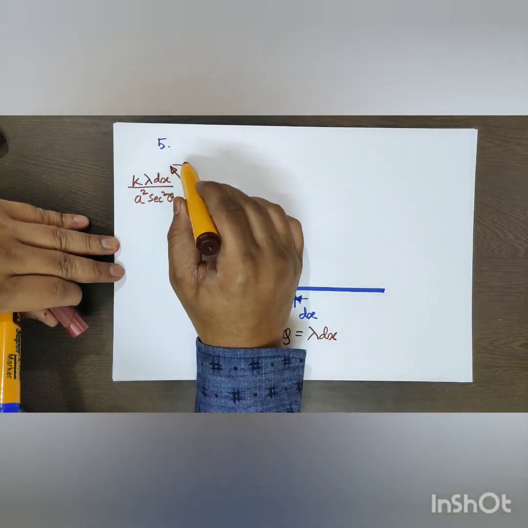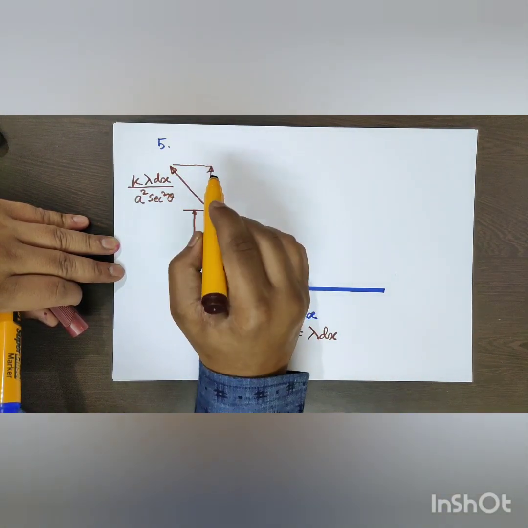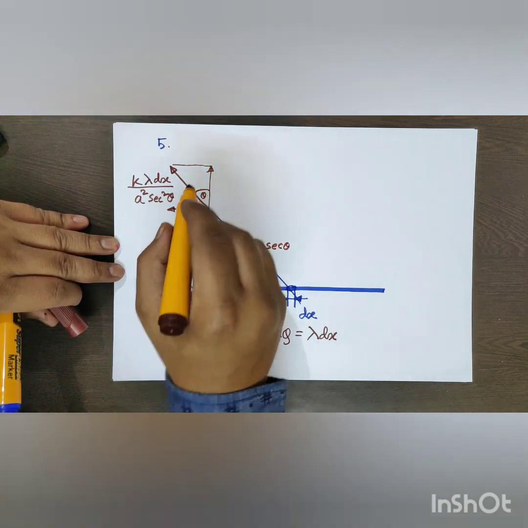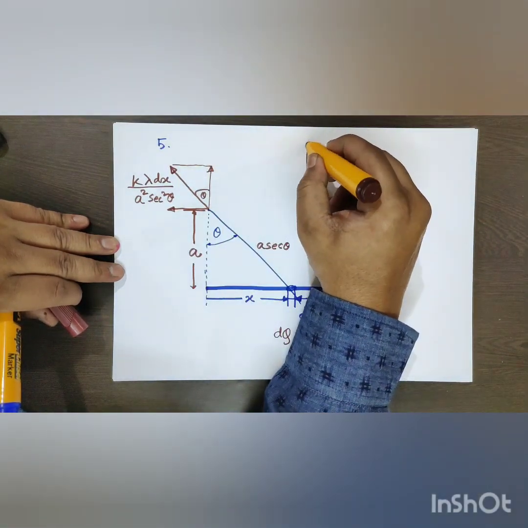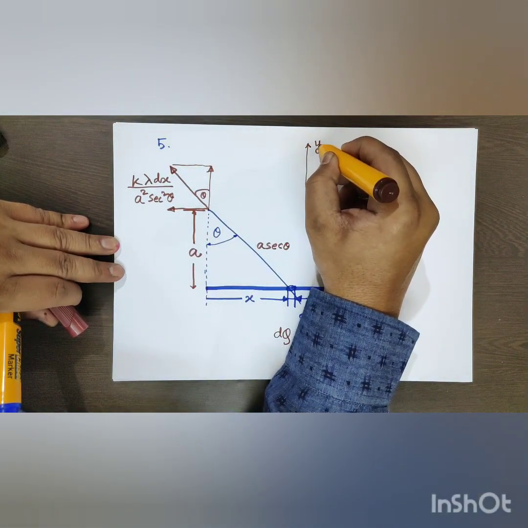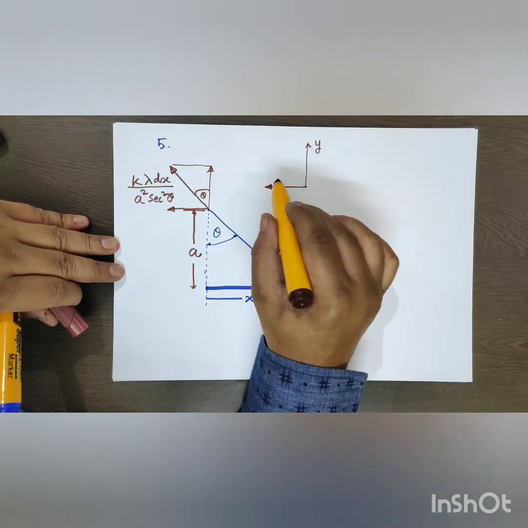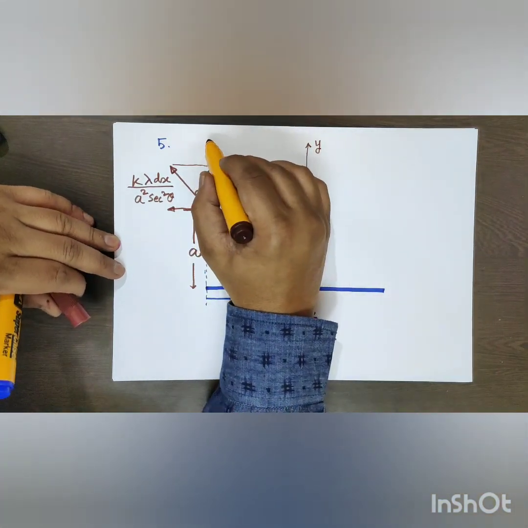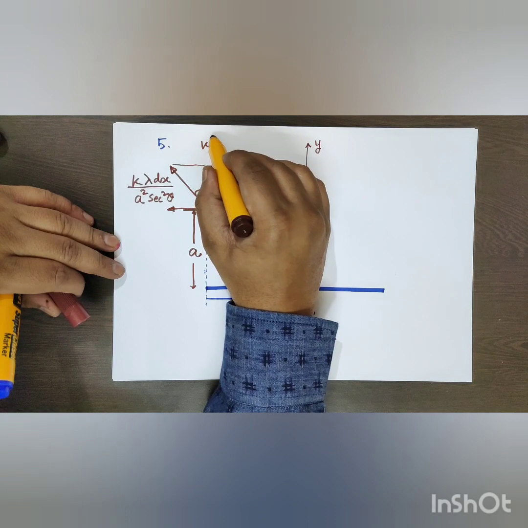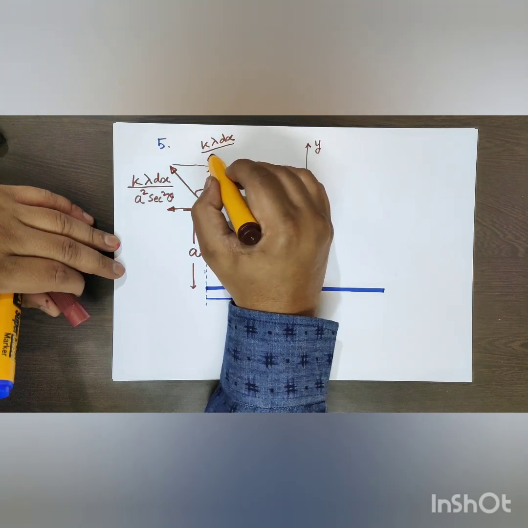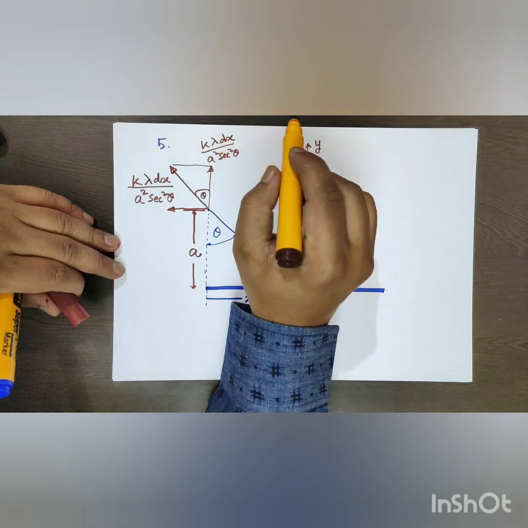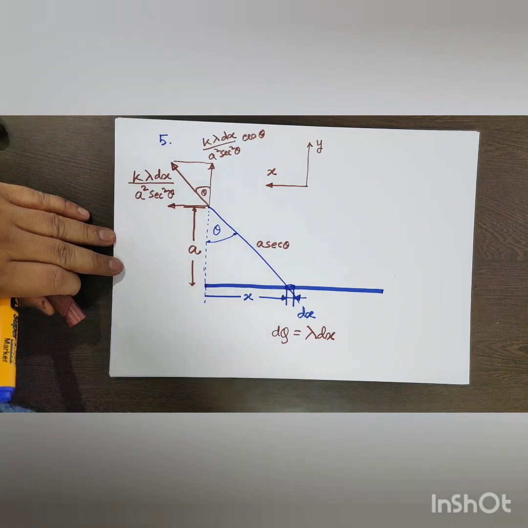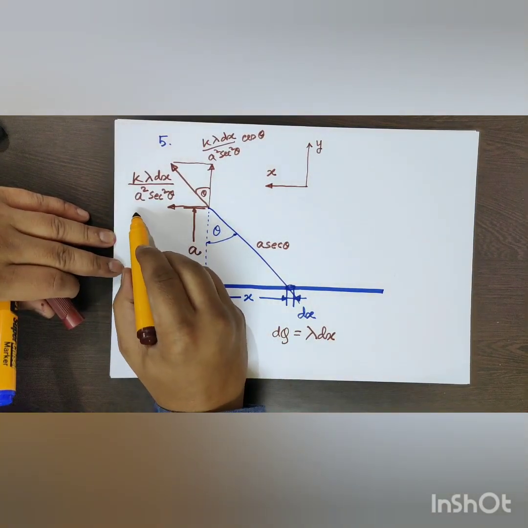Now we'll resolve it into two components and find the components separately. This is theta. Okay, so let's take this as the y axis and this as the x axis, right? So this is k lambda dx by a square sec square theta times cos theta, and this will be a sine component, right?